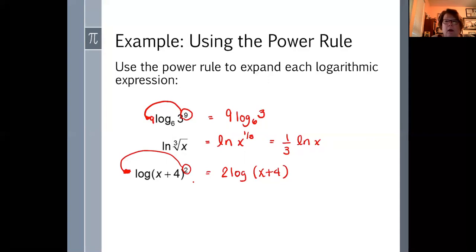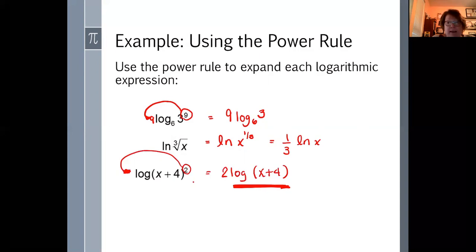Now, there's a real temptation when you get the properties of logarithms to try to expand the log of a sum. So there's a real temptation to want to do something with the log of x plus 4. And there is nothing you can do there. You cannot expand that logarithm. The only thing that you could do is know what x is, add 4 to it, take the logarithm of that, and multiply the result by 2.